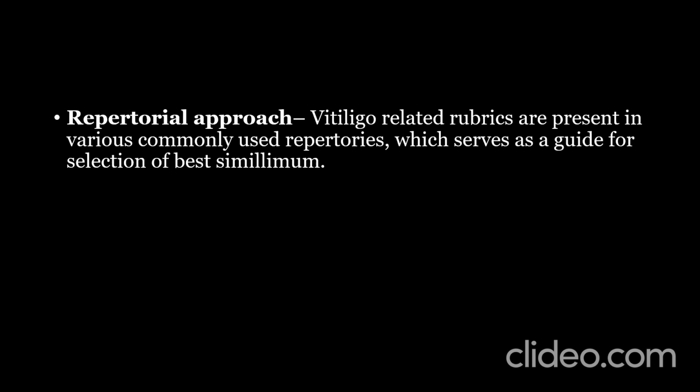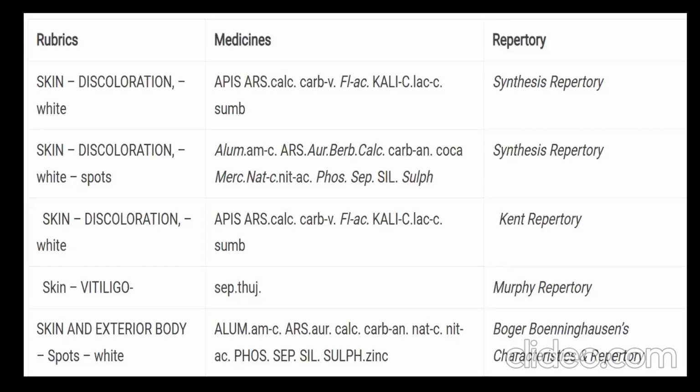Then repertorial approach. Vitiligo-related rubrics are present in various commonly used repertories, which serve as a guide for the selection of the best similimum. There are some rubrics like skin discoloration white. Medicines are Apis, arsenic, calcarea, carbo vegetabilis, fluoric acid, Kali carbonicum. This rubric is found in Synthesis repertory.